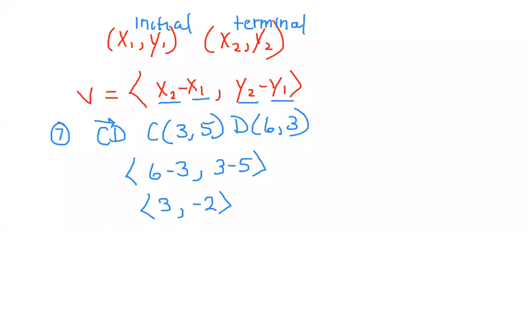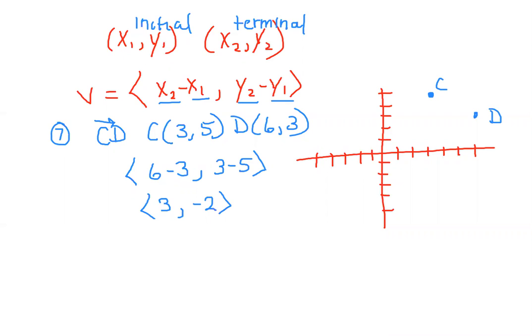So let's draw a little graph over here to see exactly what we just did. Okay, C is 1, 2, 3, 1, 2, 3, 4, 5. So here's C, that's our initial point, and D is 1, 2, 3, 4, 5, 6, 1, 2, 3.